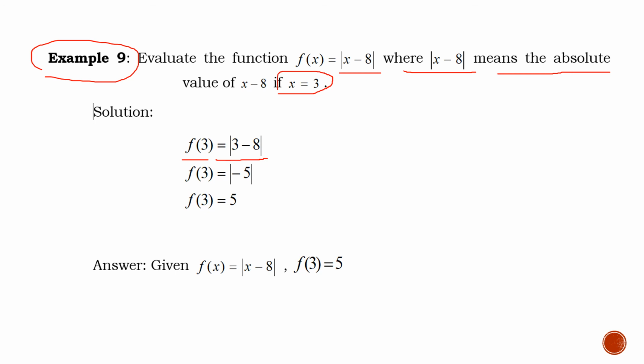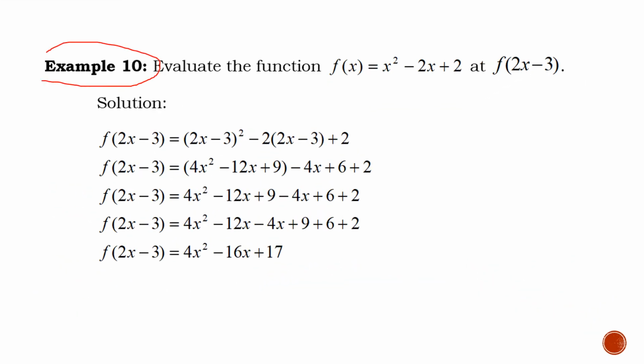Since the absolute value of 8 is greater than the absolute value of 3, we follow the sign of the higher absolute value of a number, which is negative. That's why it's negative 5. So if we get the absolute value of negative 5, we arrive at a resulting value which is equal to positive 5. Therefore, your f of 3 is equal to positive 5. So this will be our final answer for this example number 9.